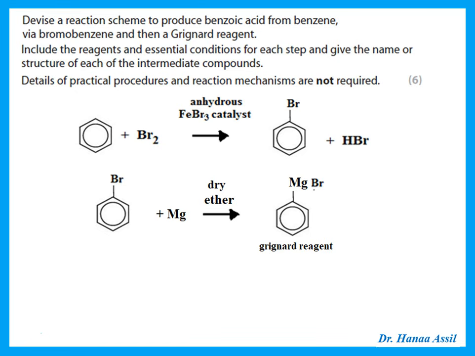Magnesium in dry ether. This gives me this Grignard reagent. Then I want to react it with what to give benzoic acid. We said if we react the Grignard with carbon dioxide, this gives a carboxylic acid on the benzene ring. Okay?